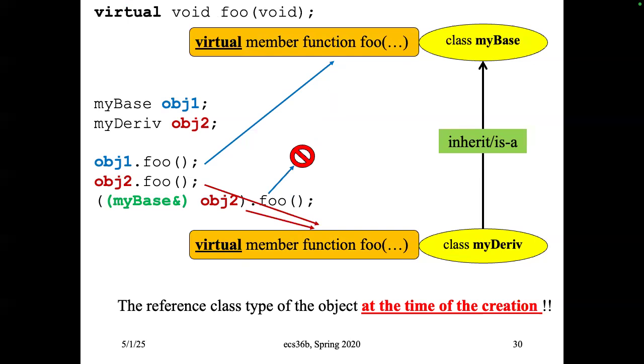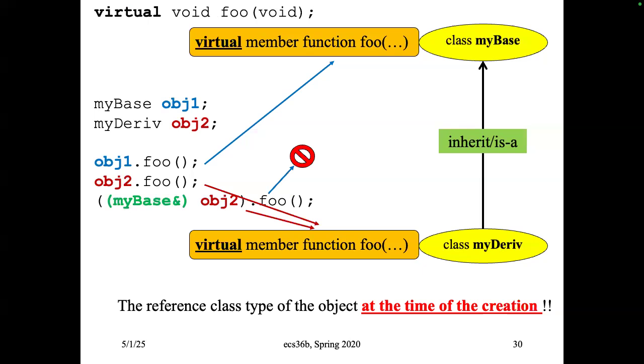Meaning that I'm not looking at how you cast the object, but I'm looking at when this object was created, what was the data type for that object. So why is this the case? Now you look at this at the time of creation. This line is the time that this object was created. It is my derived object 2.